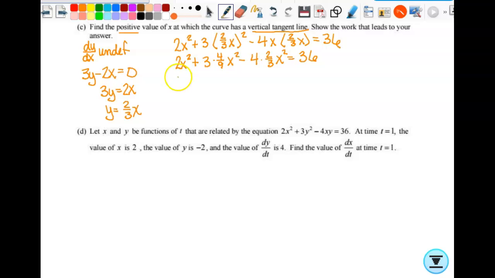All right, so then I have 2x squared plus 12/9 x squared minus 8/3 x squared equals 36. I totally messed that up.